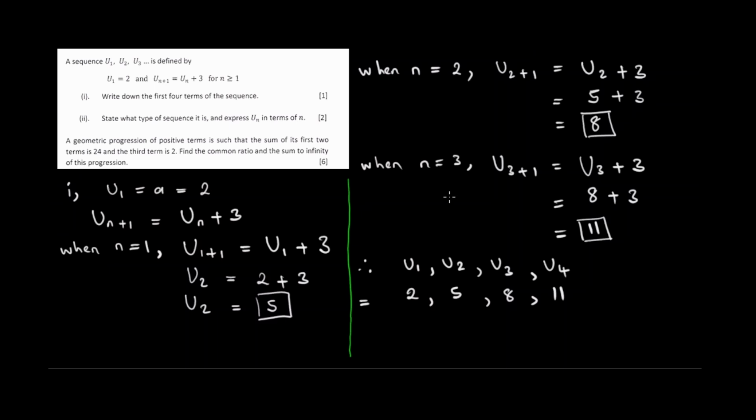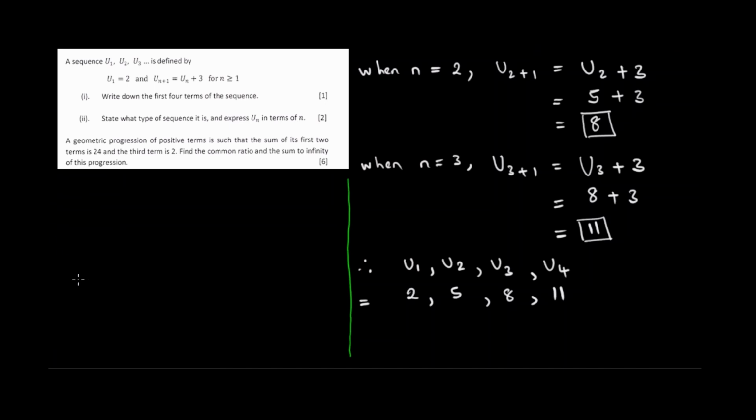The second part of the question says state what type of sequence it is and express un in terms of n. It has 2 marks. So for state what type of sequence it is, your answer here is simply arithmetic progression. As we said, you can prove that it's an arithmetic progression.